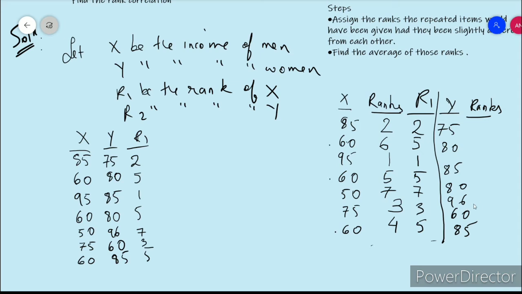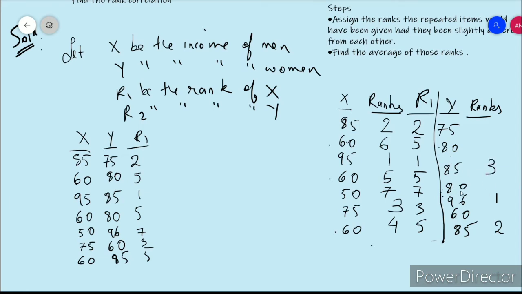So ascending order, 96 biggest value, so first rank. The next value is 85, second rank, and what we notice here is that 80 is repeated twice. So let us assign this 80 the third rank. So 80 gets repeated, which is the next high value.